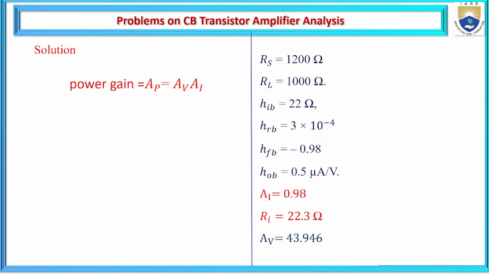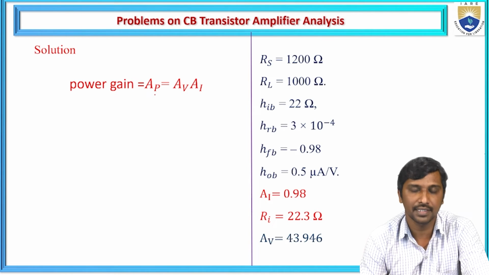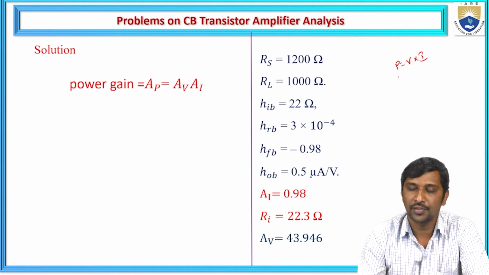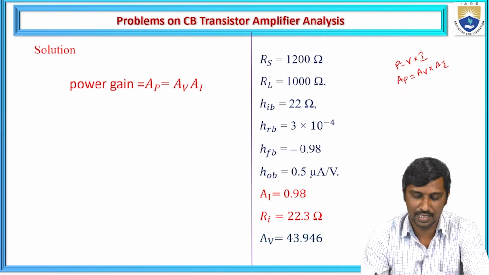Now again in that problem they are asking for the power gain. Generally we know that power is a product of voltage and current, so P is equal to V into I. Hence we are going to determine the gain in terms of power. So AP is equal to the voltage gain times the current gain.